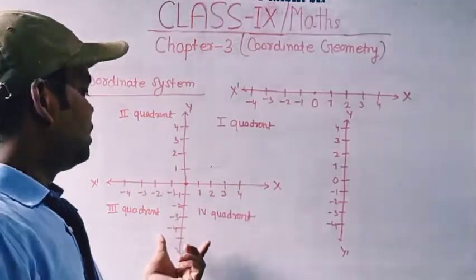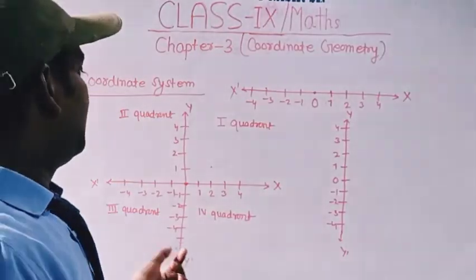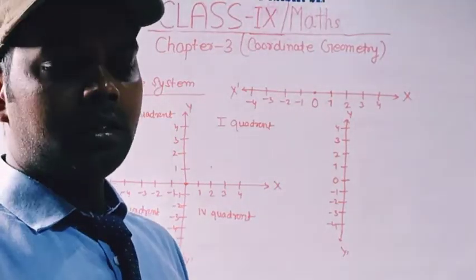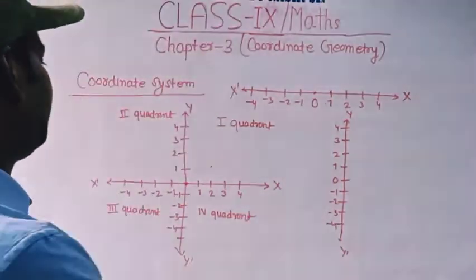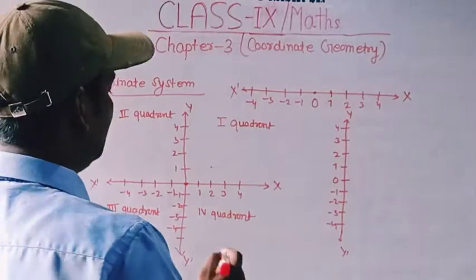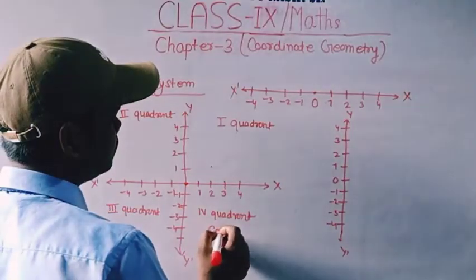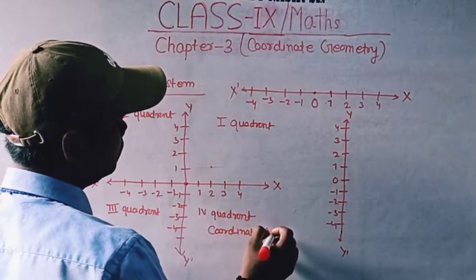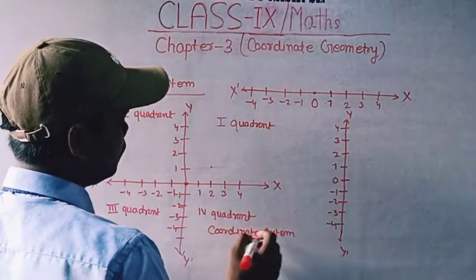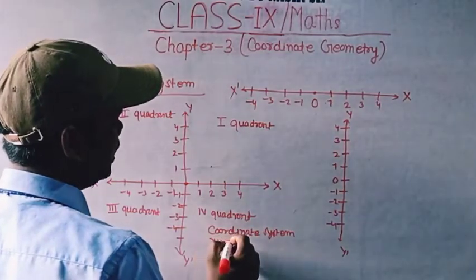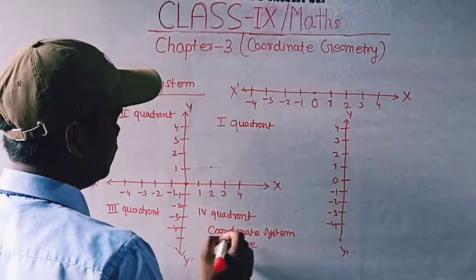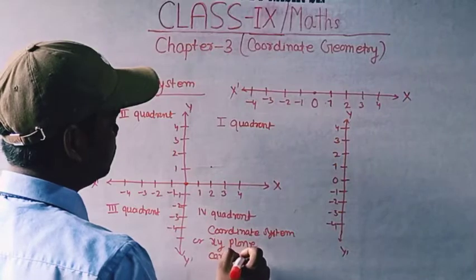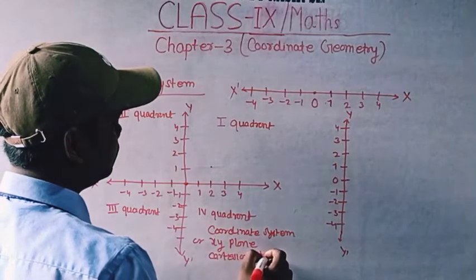And this configuration is called the coordinate system, or XY plane, or Cartesian plane.